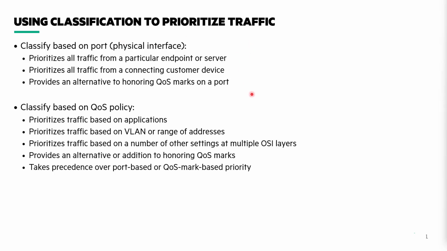Or I can create a classification policy that will look at certain criteria, and I might mark or I accept the traffic as is. So I can classify or prioritize the traffic based on a port, incoming port, or a certain policy that can be based on application, VLAN, port ranges, and so on. And then I apply my quality of service based on that.